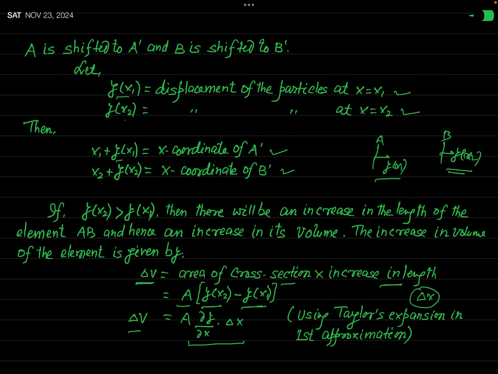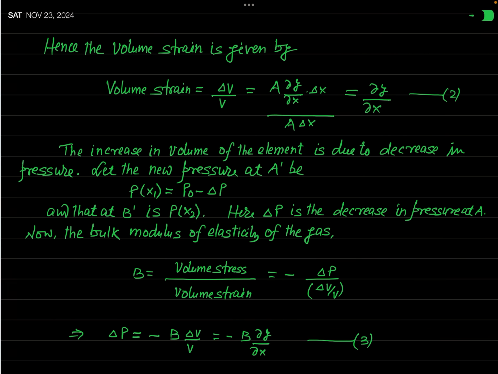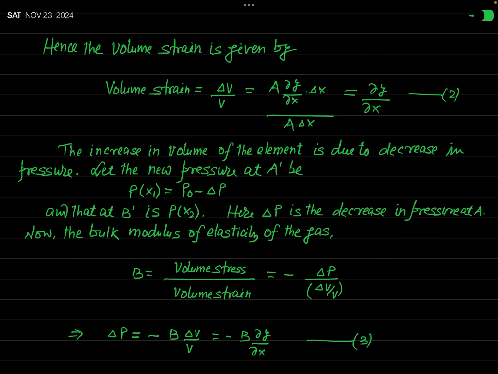Now, after getting the increase in volume, when you divide this change in volume of the element by its original volume, what do you get? Change in volume divided by original volume is called volume strain. So now you can easily find the value of volume strain. You can see this will be delta V over V.